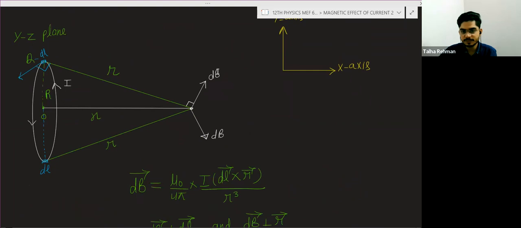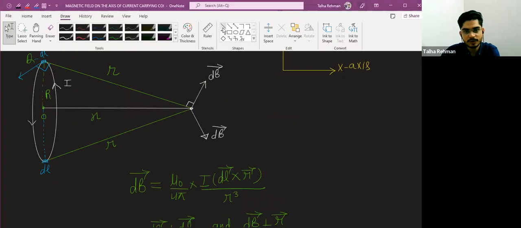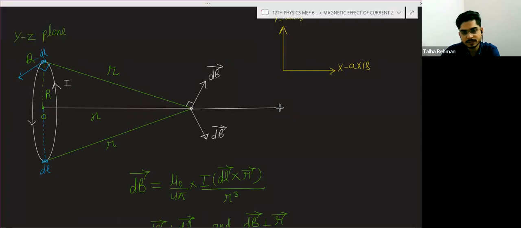So this dB is a vector, this dB is a vector. So what I will do here, as I have told you, I have already decided the x-axis and y-axis.